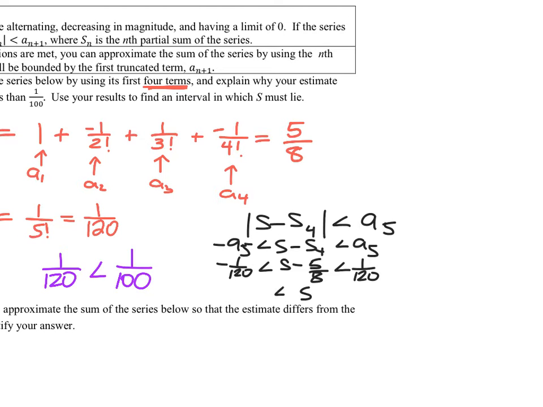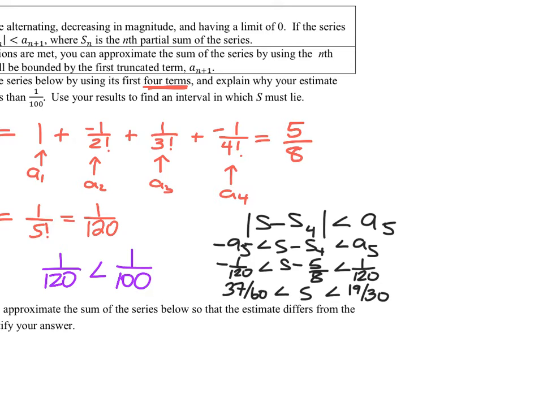So if I add 5/8 to everything, I'm going to get an interval that will capture the true sum. So 5/8 minus 1/120th is 37 over 60, and 5/8 plus 1/120th is 19 over 30.